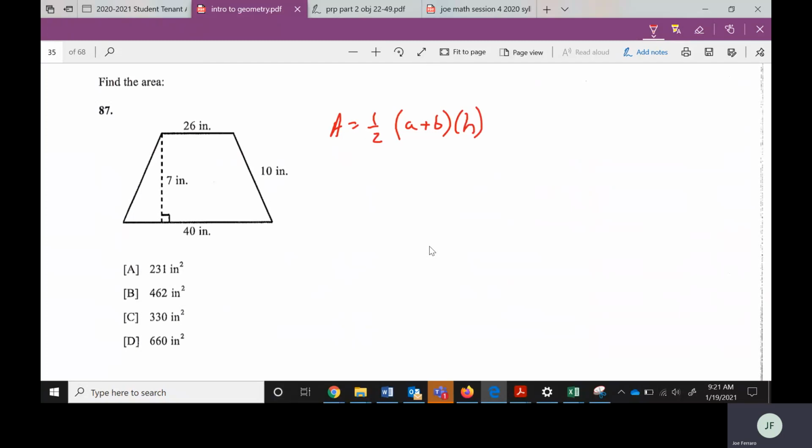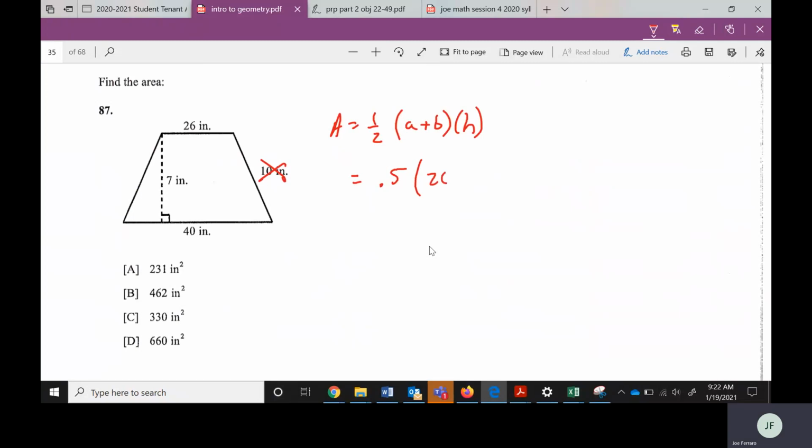Okay, so A and B are the lengths of the parallel sides. So this is parallel to this. The H is the distance between them at a right angle. So this is the number we don't need. Okay, so actually, let's convert that to 0.5 for 1/2.